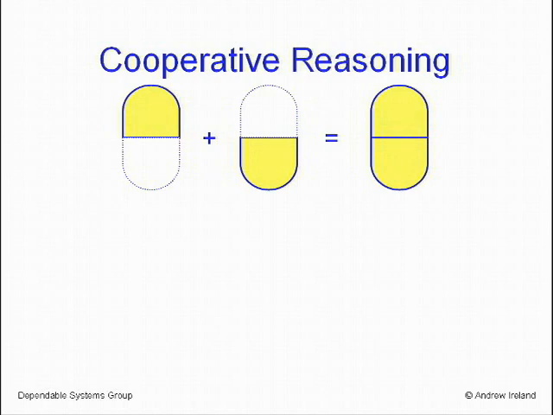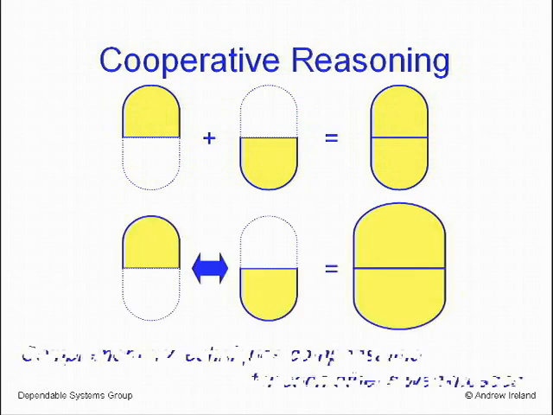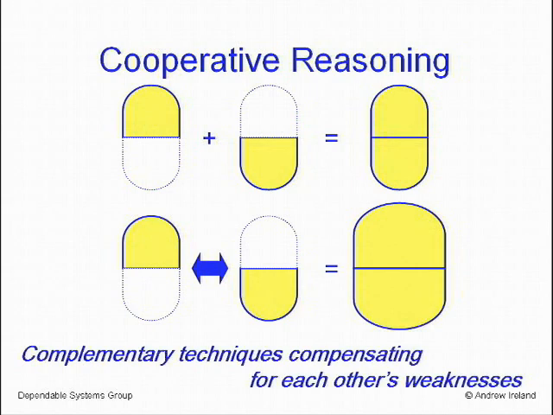Well, we believe that we can achieve some synergies and get more than just the sum of the two parts. Instead of just gluing things together, we're looking for interaction between the two parts, and in particular, interaction where the complementary techniques compensate for each other's weaknesses.